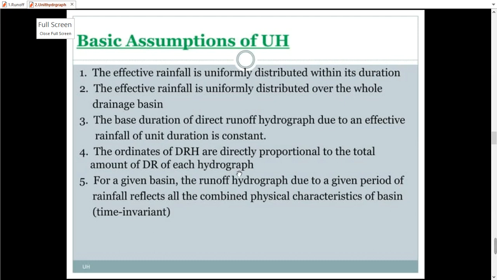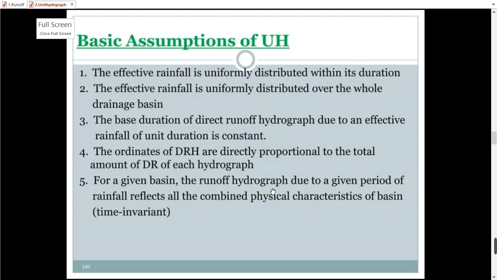The effective rainfall is uniformly distributed over its duration. The effective rainfall is uniformly distributed over the whole drainage basin. The base duration of the direct runoff hydrograph due to an effective rainfall of unit duration is constant. The ordinates of the DRH, direct runoff hydrograph, are directly proportional to the total amount of direct runoff of each hydrograph for a given basin.